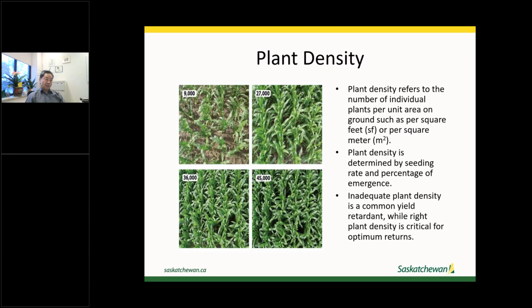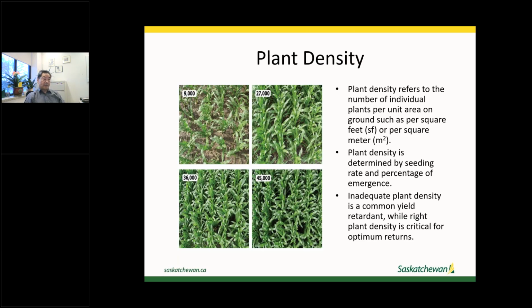First of all, I guess everybody knows plant density. Plant density is defined as the number of individual plants per unit area on the ground, such as per square foot or per square meter.